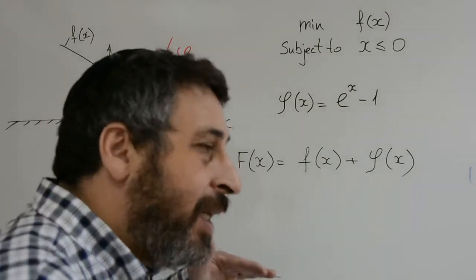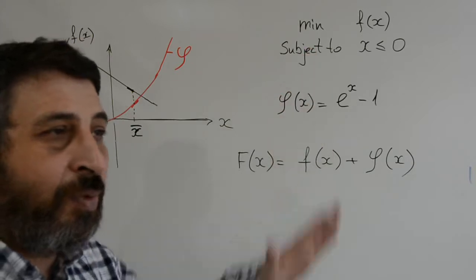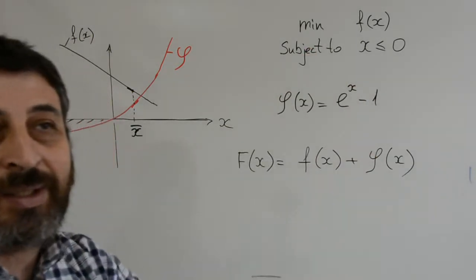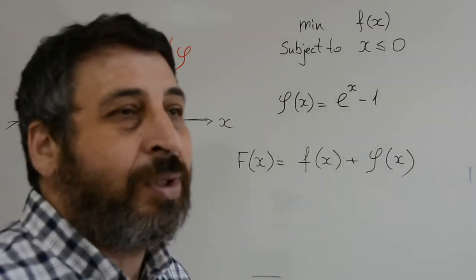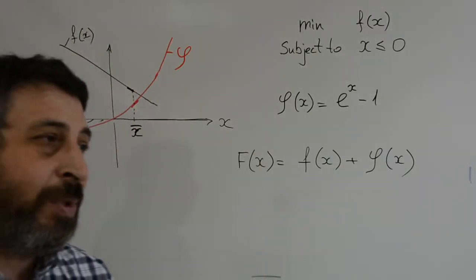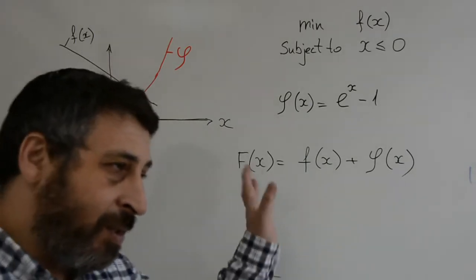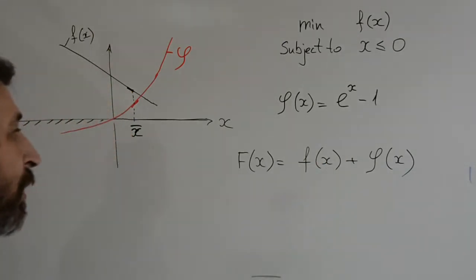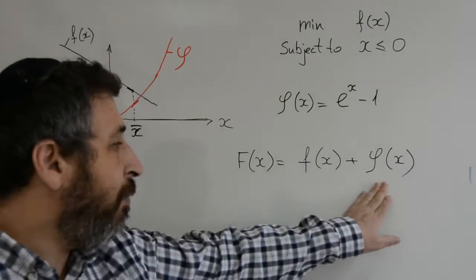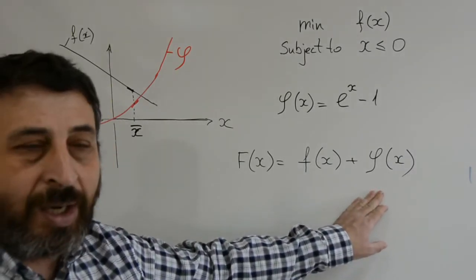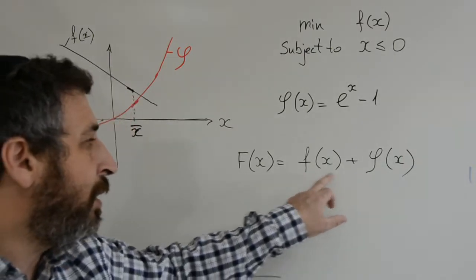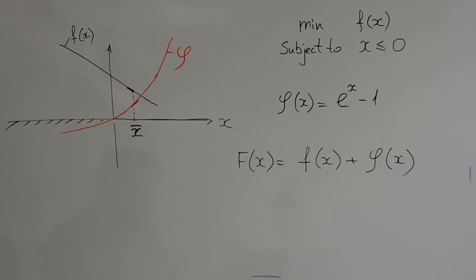The exponent may be a bit difficult function for optimization because it grows very fast, and even for moderate x's it may be out of computer floating point number representation. We will look at other functions a bit later, but this is a very simple motivating example. And we build the so-called penalty aggregate, the sum of objective function f of x plus penalty function.